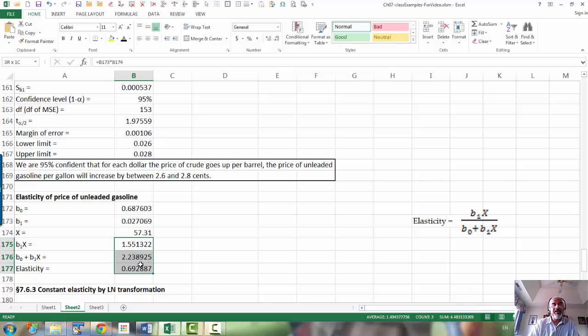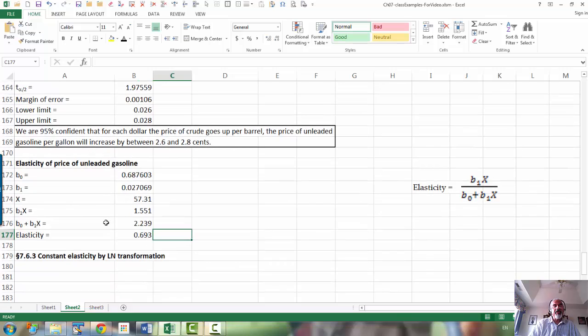Now you see the elasticity is less than 1, so that means it's not that sensitive. But the problem here is if x changes, elasticity also will change. That's not intuitive because you want elasticity to remain the same irrespective of what x is.